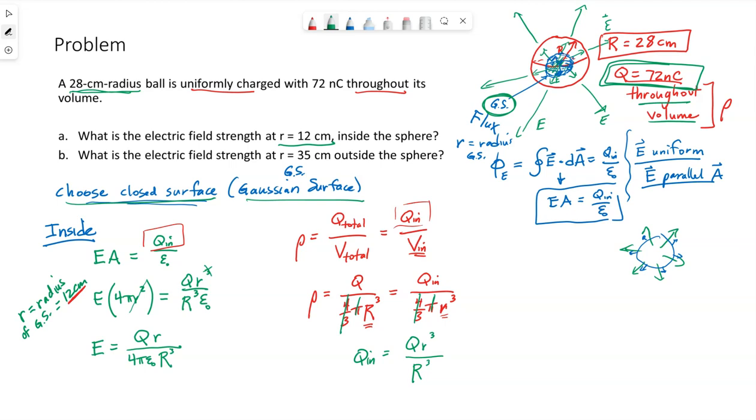Capital Q represents the total charge, so the 72 nanocoulombs. Lowercase r represents the radius of the Gaussian surface, which represents whatever point inside the sphere that I want to find the electric field. 1 over 4 pi epsilon naught is the 8.99 times 10 to the 9 newton meter squared per coulomb squared.